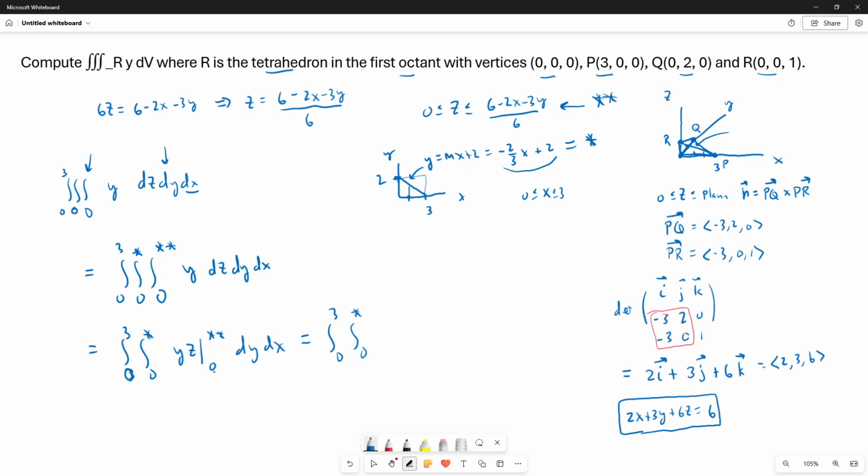So when we plug in 0, we get 0. When we plug in double star, we have to multiply that by y. So we'll distribute a y here. And we'll move this 6 on the bottom to the front. That seems convenient. Now distribute a y, and we get 6y minus 2xy minus 3y squared.